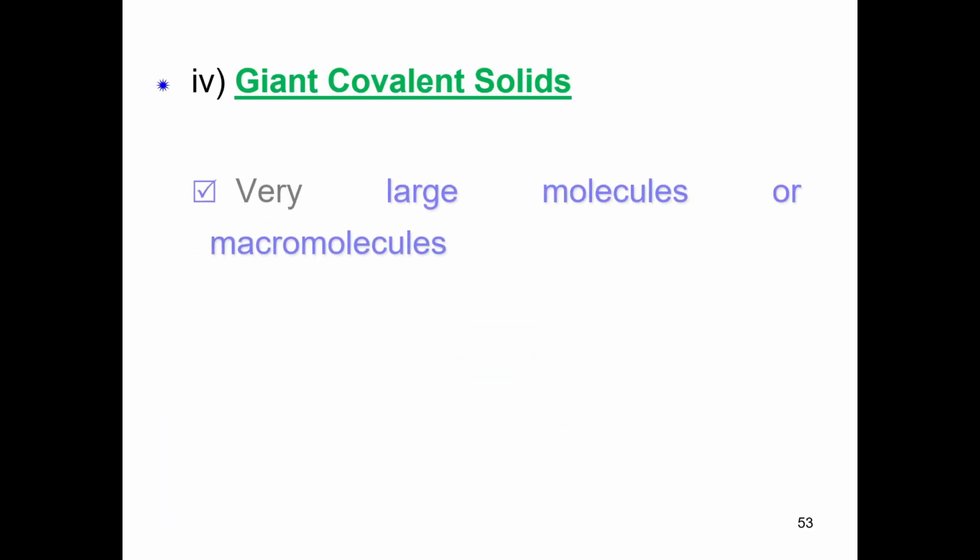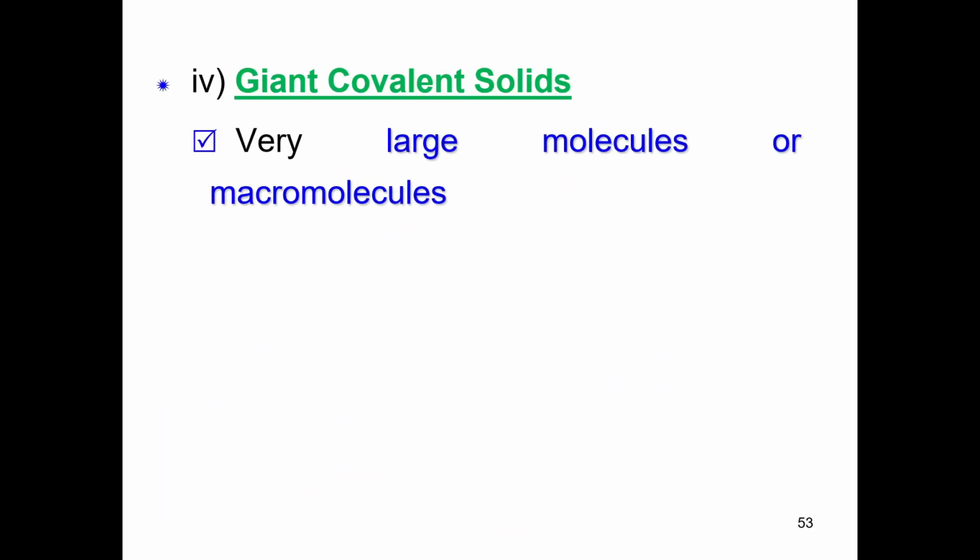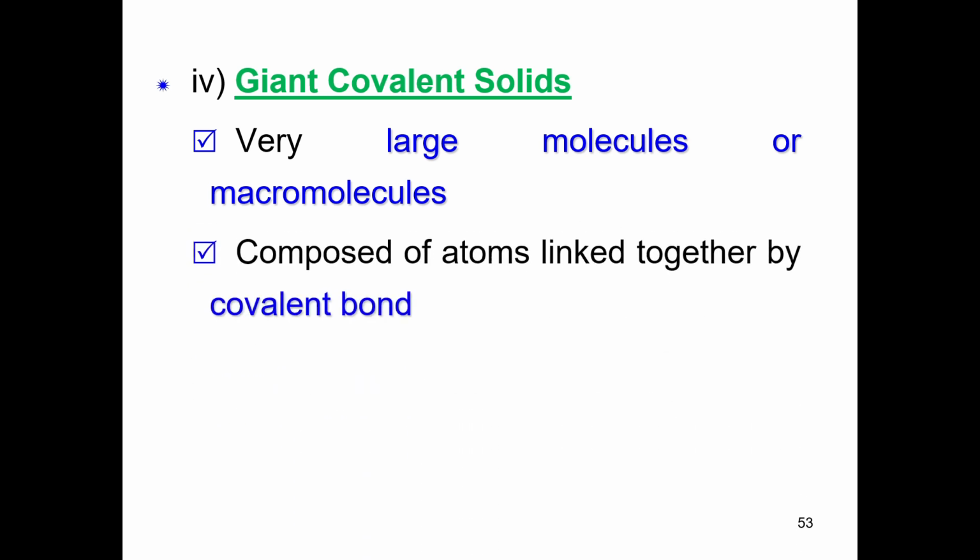And the last example is giant covalent solid. The type of bonding that exists is covalent. But because its shape is big, or we call it a macromolecule, we call it giant covalent solid.